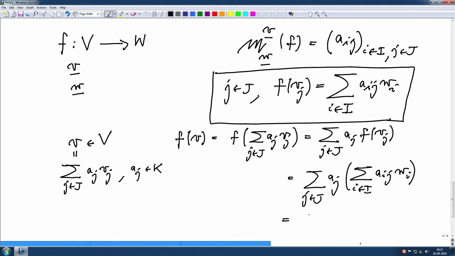So this is the same as summation i in I, summation j in J, and I will club these together, so I will write summation A_ij a_j, times w_i. On one hand this, on the other hand this is f of v, whatever it is, this is in W.